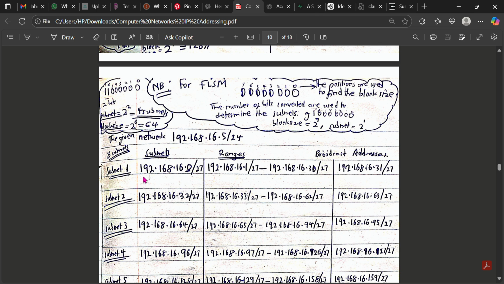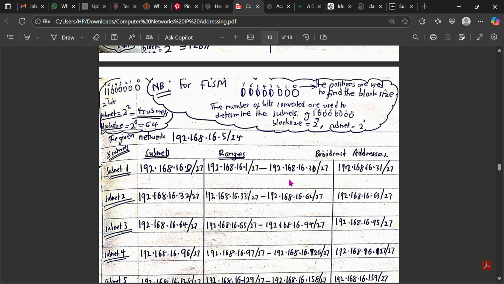We begin at 192.168.16.0/27, but the range begins at the next number, 192.168.16.1, and ends at 30. The last number is used for the broadcast address. Then the next subnet begins at 32, with the range beginning at 33 and ending at 62, and the next number is used for the broadcast address.